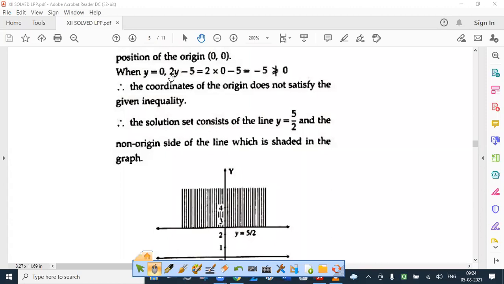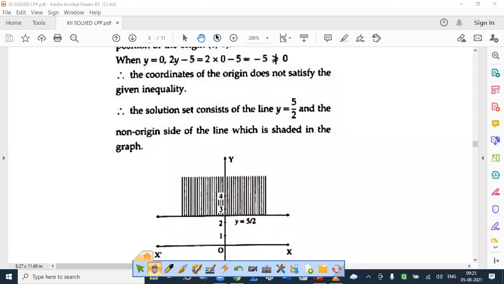Now check coordinates of origin 0, 0. So put y equal to 0. Is minus 5 greater than 0?